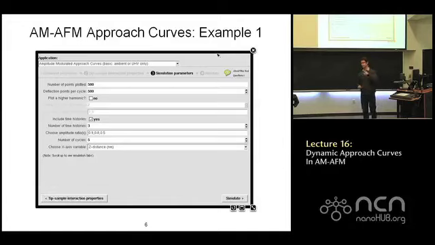We're measuring the deflection waveform, but this probably isn't recorded during the experiment because of the amount of data that would be. Typically that's thrown out. But more importantly, we're not directly measuring the tip sample interaction forces. That's an important concept that we'll go over.